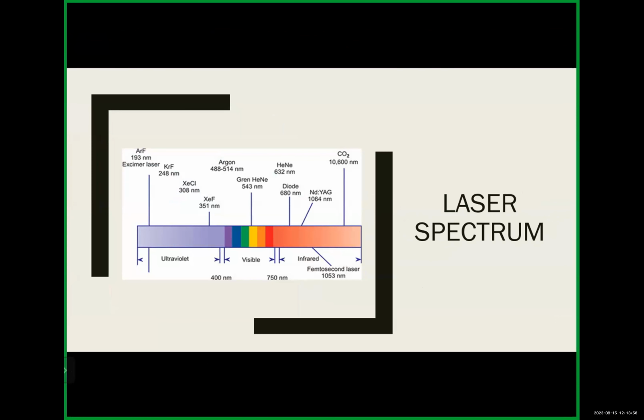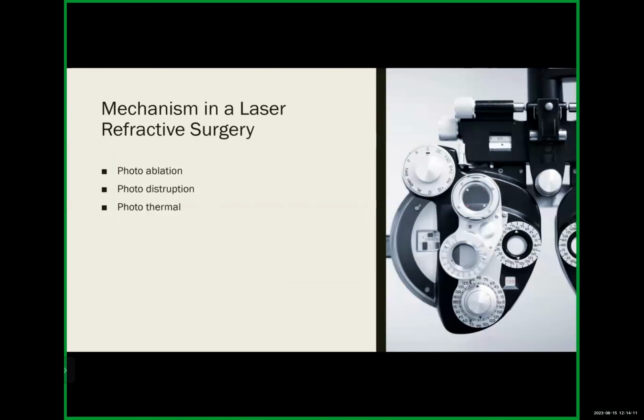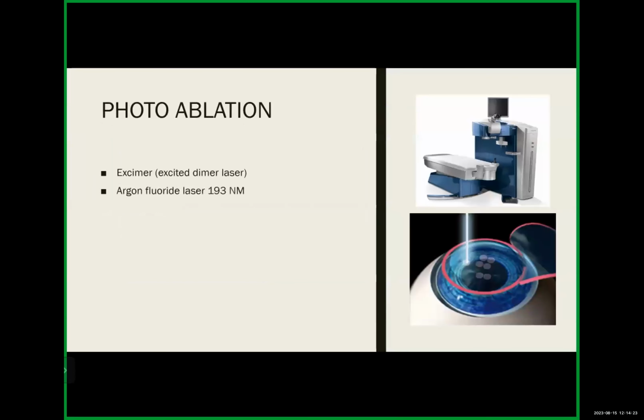In the entire laser spectrum, the excimer laser is in the ultraviolet spectrum, and the femto laser is in the infrared spectrum. The mechanisms by which lasers work in refractive surgeries are photoablation, photodisruption, and photothermal.